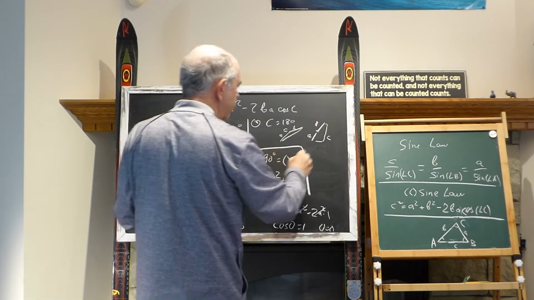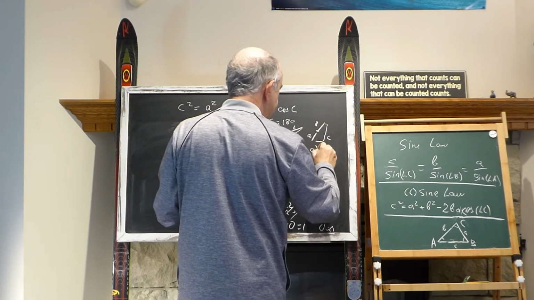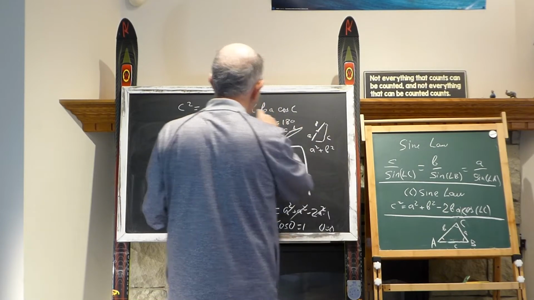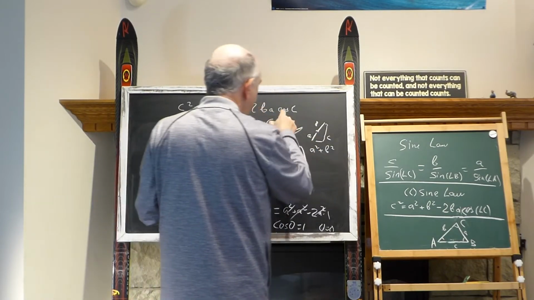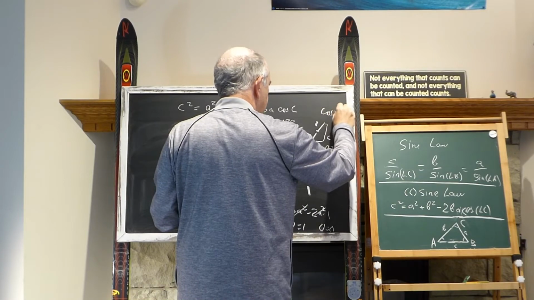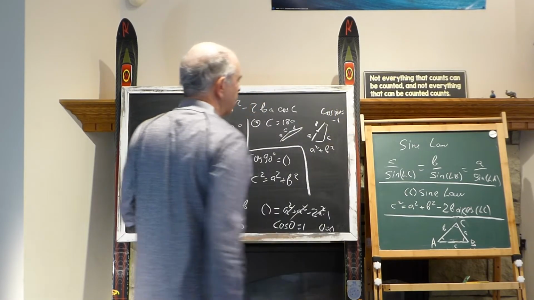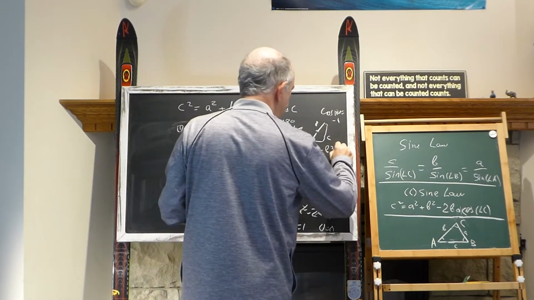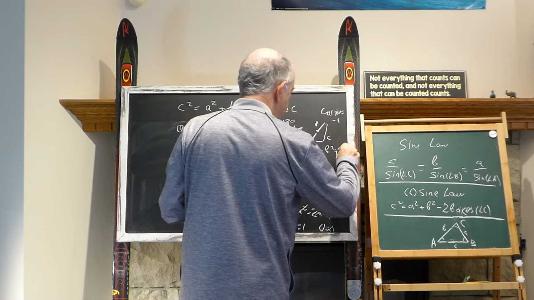But let's look at the formula. The formula will become A squared plus B squared, and cosine 180 degrees equals minus 1, so it will become plus 2BA, right?